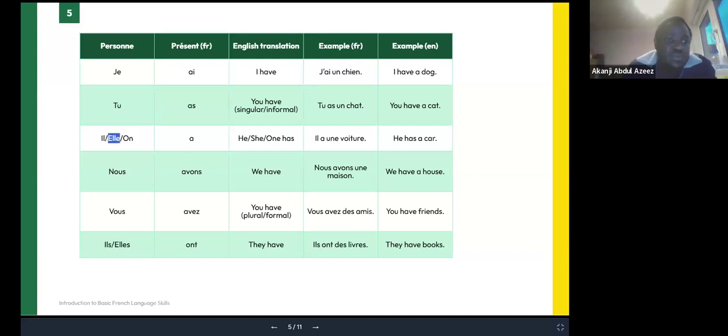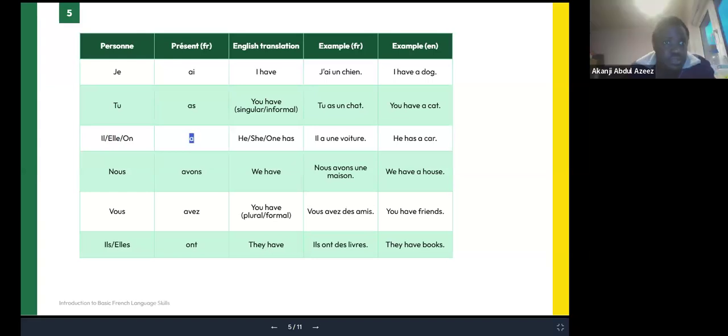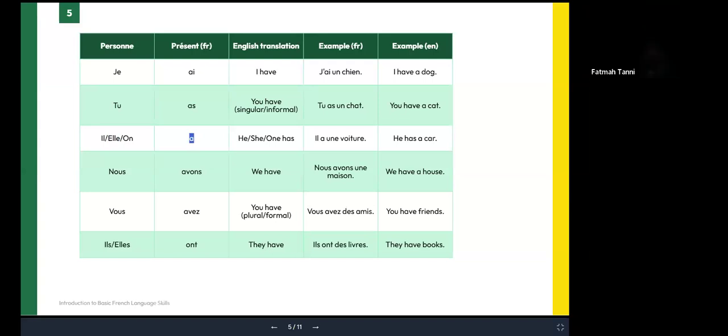Now, elle. What about this one? This one I put in blue. Can you see my screen? Elle, that's for girl or woman. Yes, I can see it.